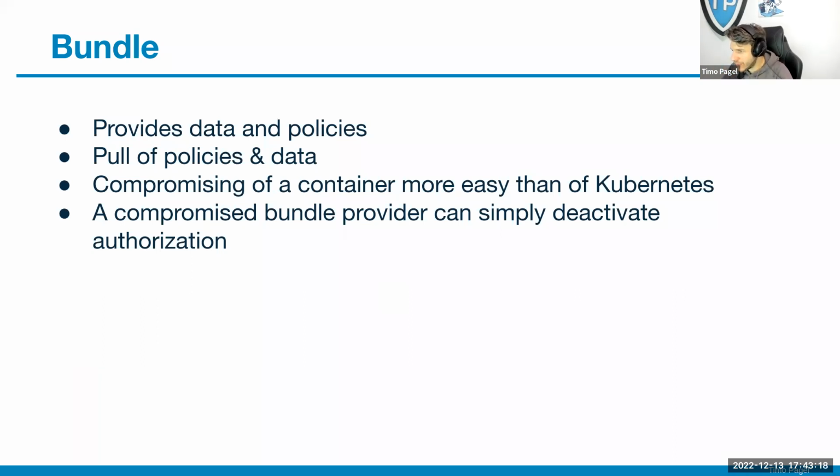That also means it's a very critical point in your infrastructure, because compromising the policy and data provider service means that you get access to the authorization system. So you need to make sure that it is a well-patched and securely configured service which provides that data.